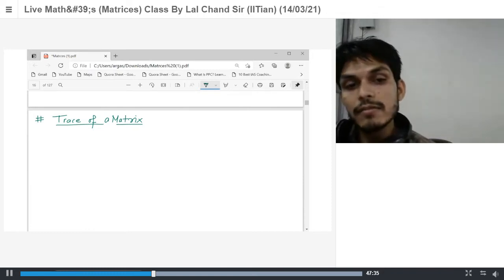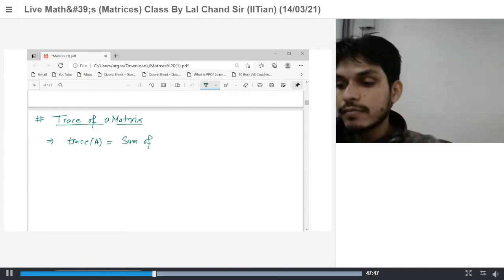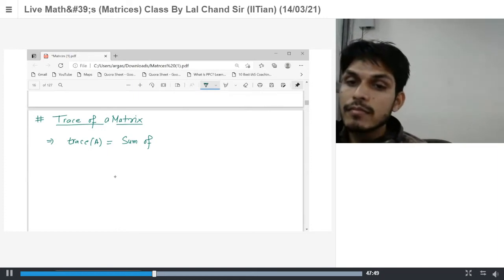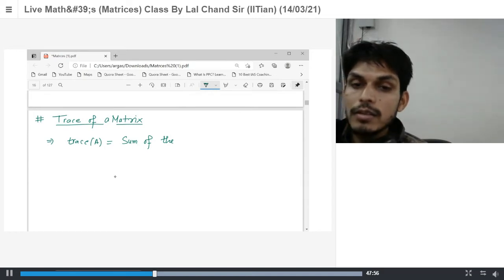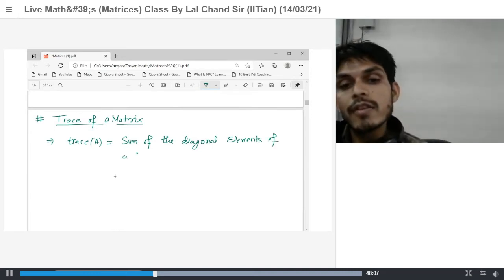So we can define trace of matrix A as the sum of the diagonal elements of a square matrix.